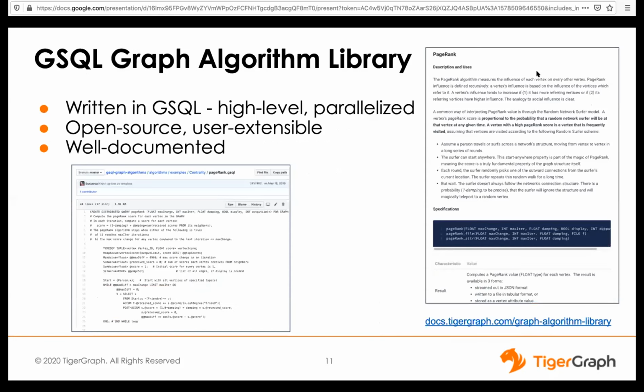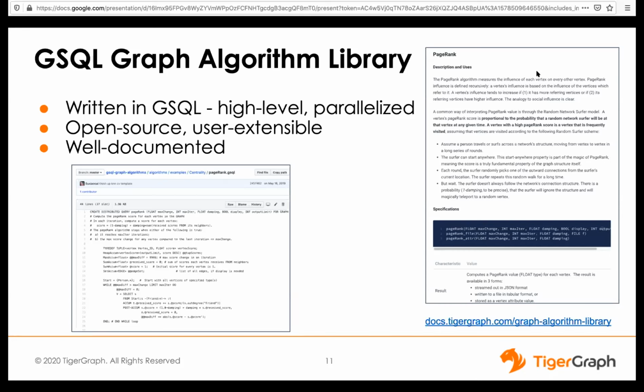So next, for TigerGraph, our query language is GSQL, and our algorithm library is just where we have written queries expressing the functionality of some of these classic algorithms, and we've open sourced them on GitHub.